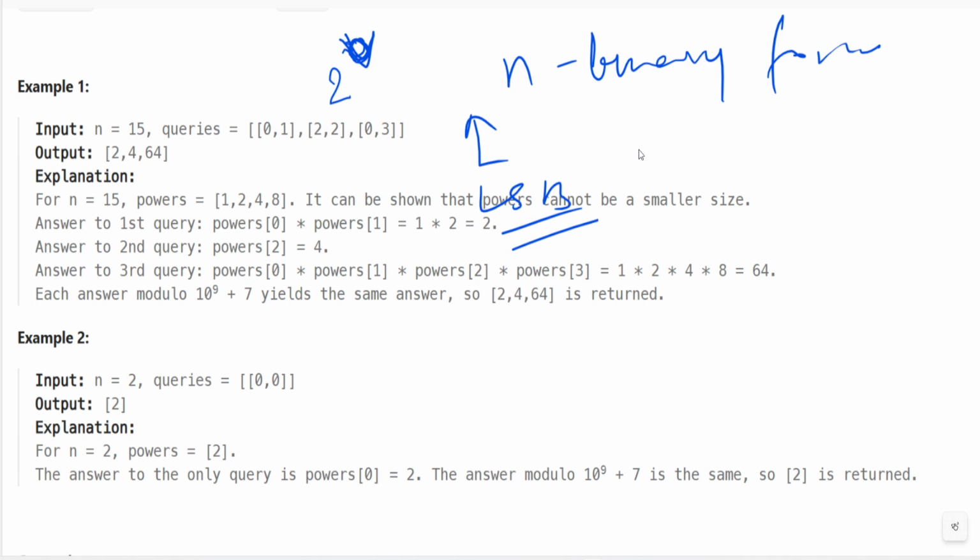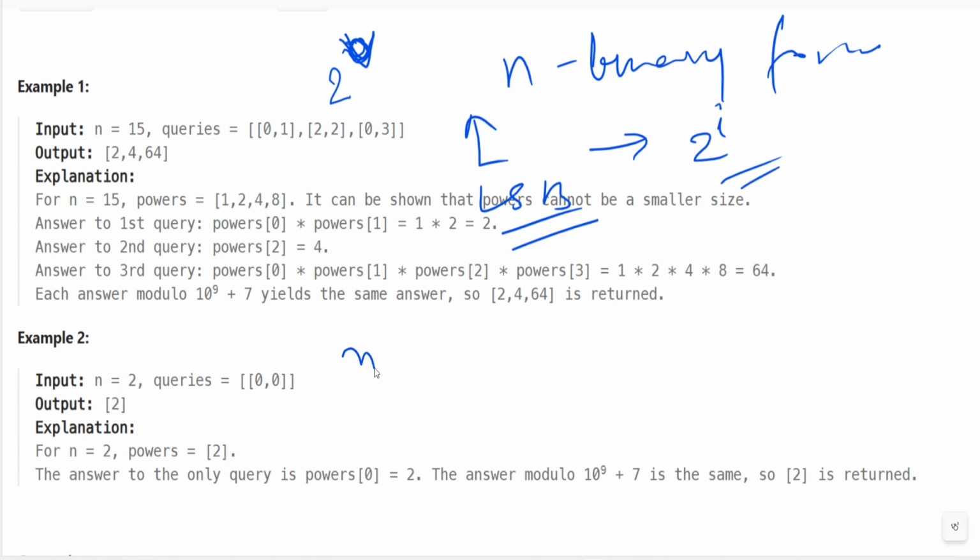If the bit is set, we take 2 to the power i and add it to the power list.